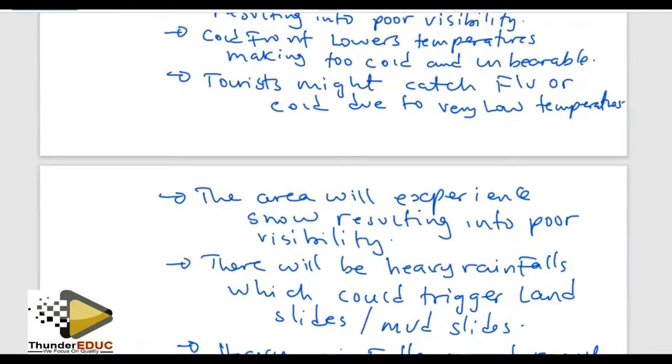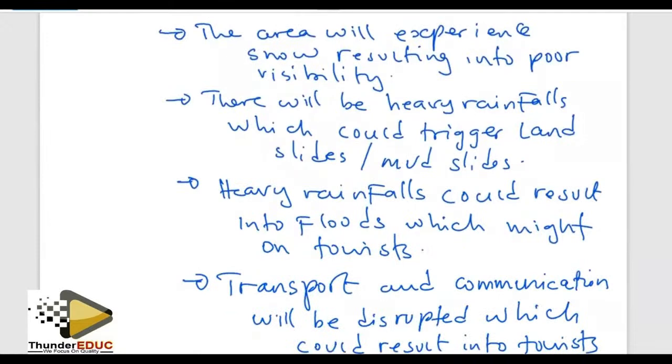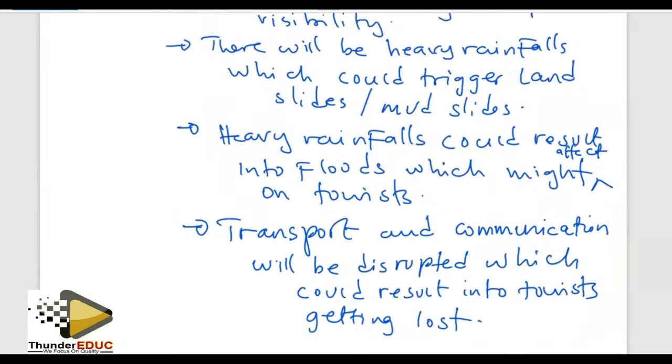There will be heavy rainfalls, which could trigger landslides or mudslides. Heavy rainfalls could result into floods, which might affect tourists. Transport and communication will be disrupted, which could result into tourists getting lost, among other factors.